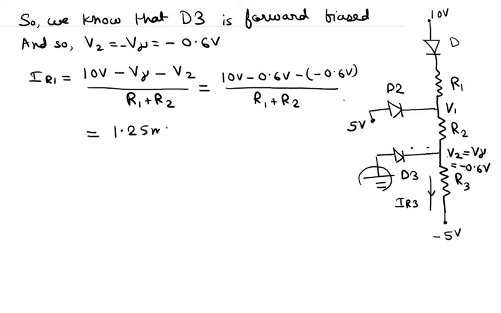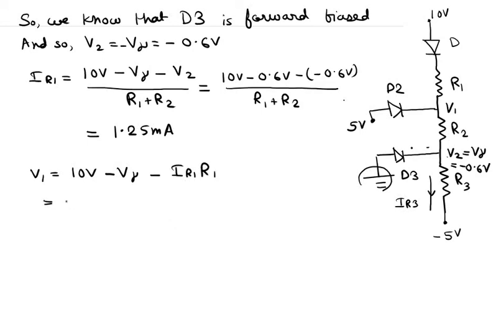So 1.25 milliamperes, and since we have found the value of IR1, finding the value of V1 should not be difficult. V1 is basically 10 volts minus V gamma, the voltage drop across this diode, minus IR1 times R1.